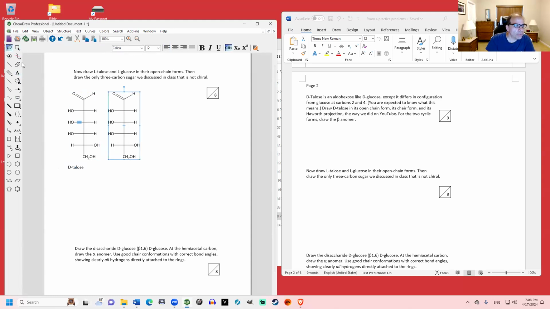To get L-Talos, you would invert all 4 chiral carbons. So instead of left, left, left, right, we have right, right, right, left. And then in the other positions, we have hydrogens. That's L-Talos. It's the enantiomer of D-Talos.